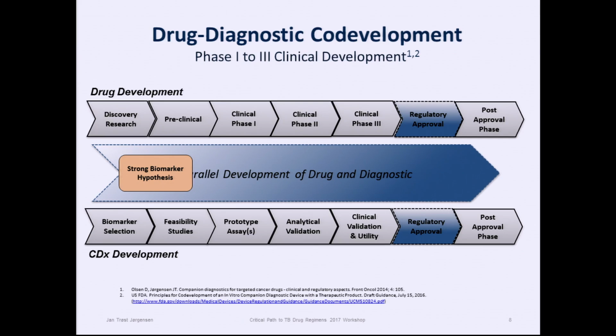If you have such a strong biomarker hypothesis, the next step is to develop a prototype assay, which you then need to test out in the early clinical development in order to look for a predictive potential of your biomarker. And if you find one, the next step is to establish the cutoff for your assay. The cutoff has nothing to do with the analytical sensitivity or specificity.